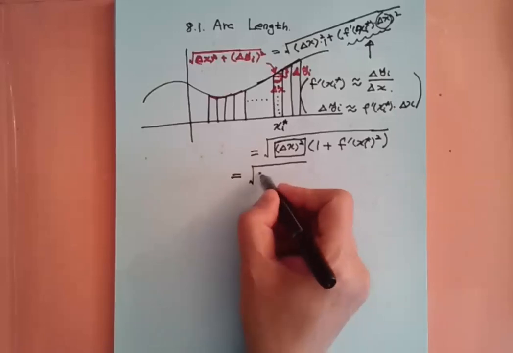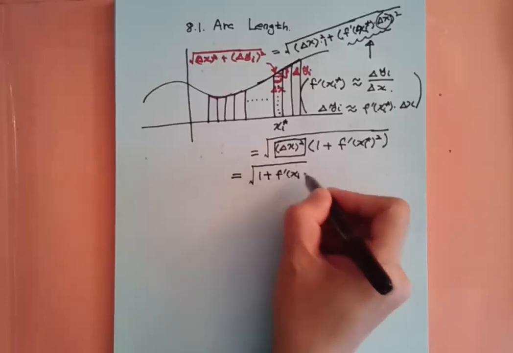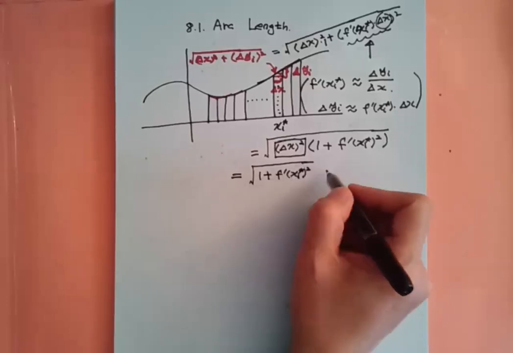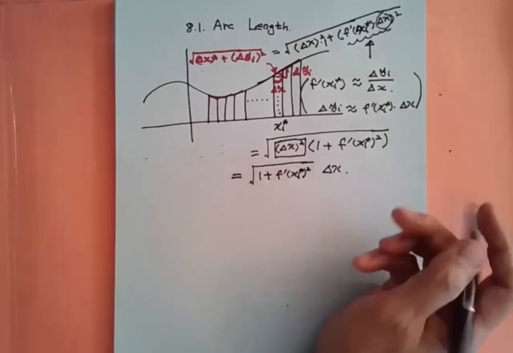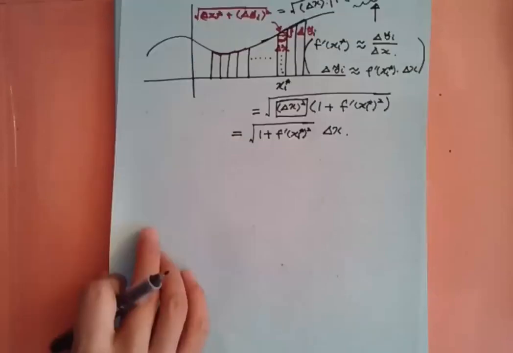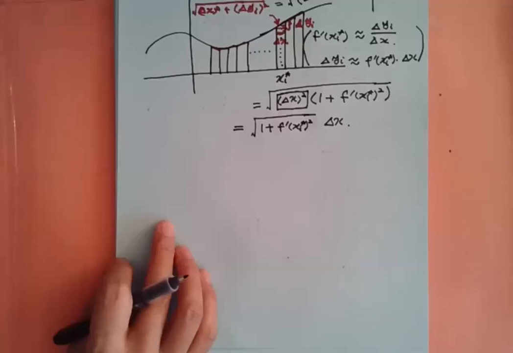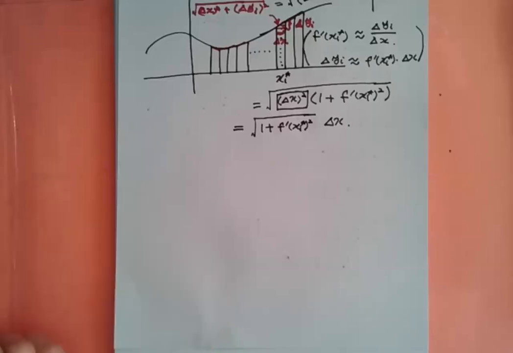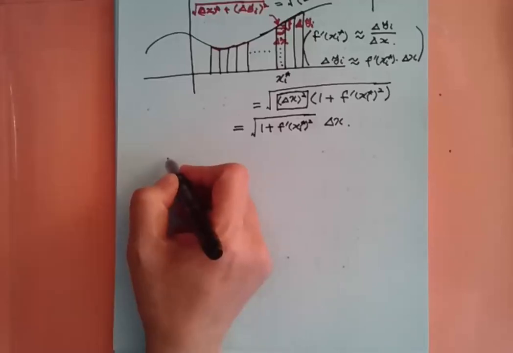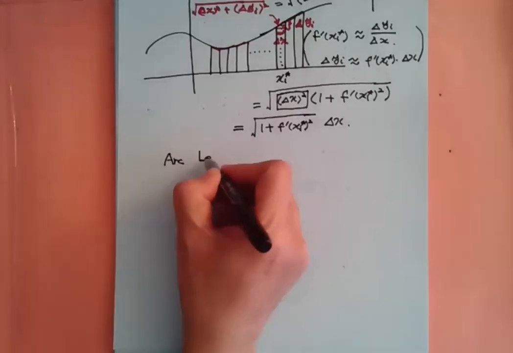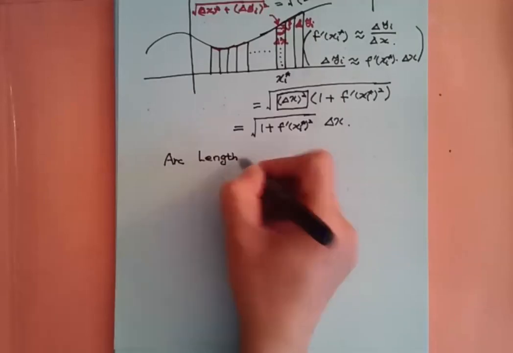So that is square root of 1 plus f prime of xi star squared times delta x. That is where the arc length formula came from.